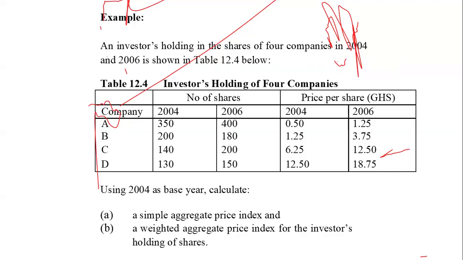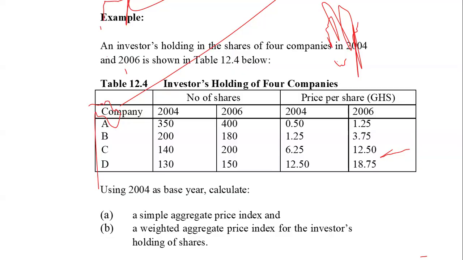Then you have the price per share for both 2004 and 2006. You are to use 2004 as the base year to calculate, 1, a simple aggregate price index, and 2, the weighted aggregate price index for the investor's holding of shares.